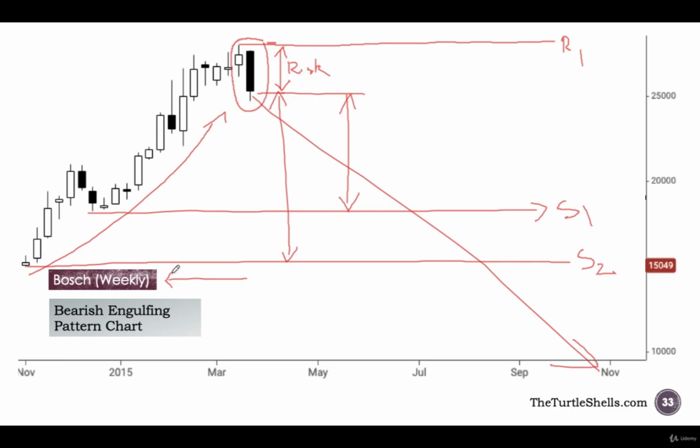So a bearish engulfing pattern coming after a very strong uptrend. Notice that you have the 25,000 level here. This level might act as support. Okay, so that is one negative factor for this trade, because the candle has crossed that 25,000 level but not closed below it.